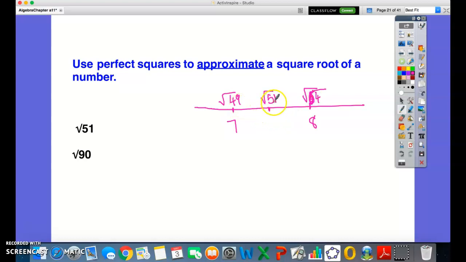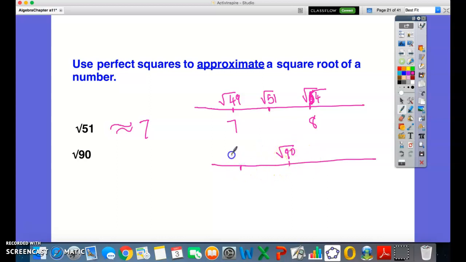Now look at this. 51 is closer to 49 than 64, right? So you can say the square root of 51 approximates to 7. And now again, the square root of 90. What are the two perfect squares closer to 90?